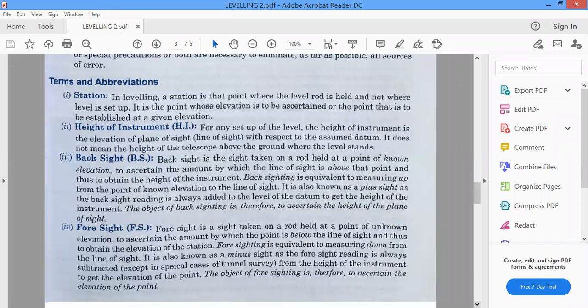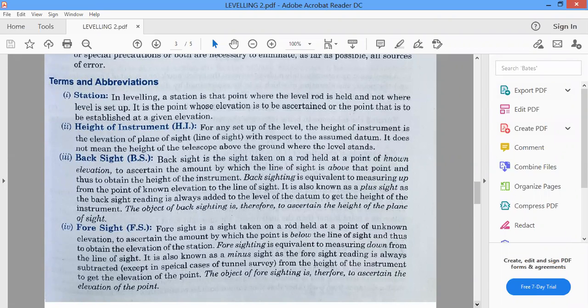Okay, first one, station. In leveling, a station is that point where the level rod is held, that is a staff. Leveling rod is nothing but a staff, and it is not where the level is set up. So where you set up the instrument, it is not called the station.